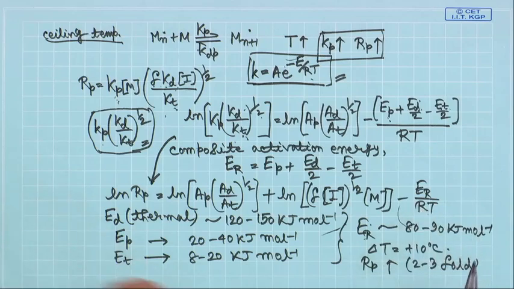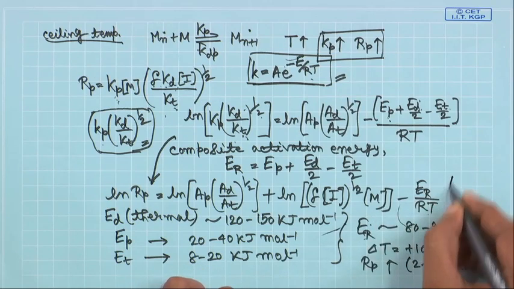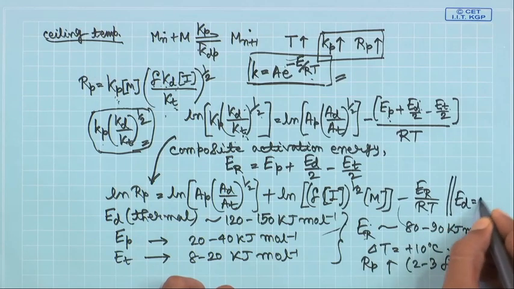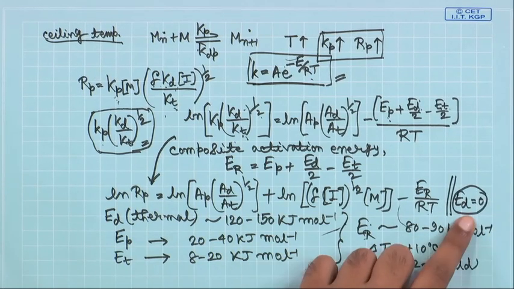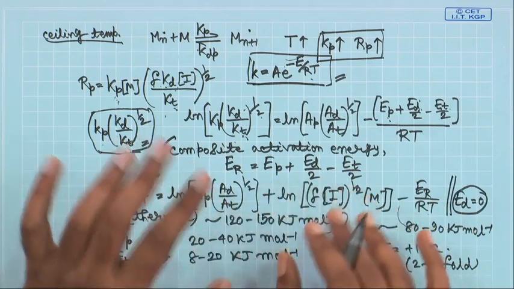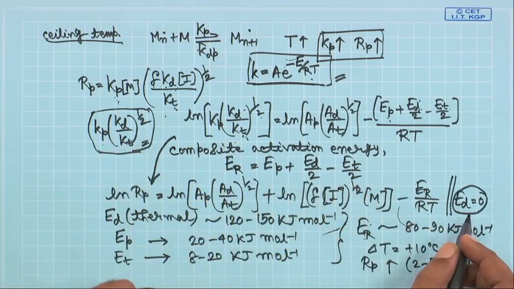In fact, it is not exactly close to 0, I apologize. What I would mean here is that your ED, this dissociation energy, will be 0, because ER is the composite activation energy of the overall reaction. So, ED is the dissociation energy.